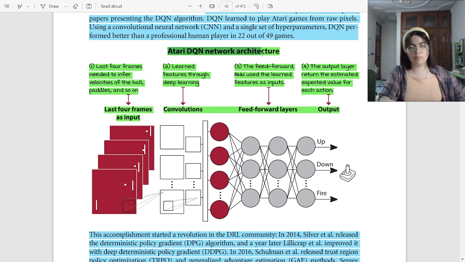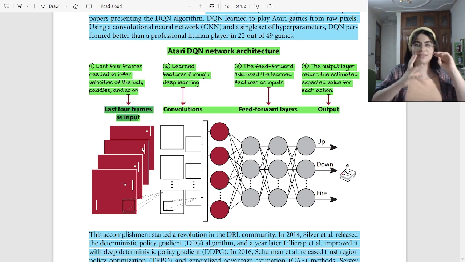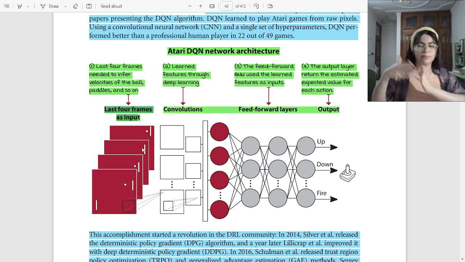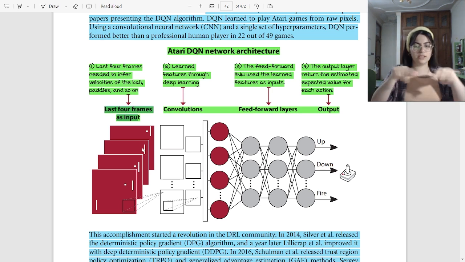It was so important. The Atari DQN network architecture looks something like this, which I'll try to explain briefly, not in much depth, because we are not reading DQN yet. They took the last 4 frames as the input, so that they have an estimation of the velocity and the direction of the ball based on these 4 frames.